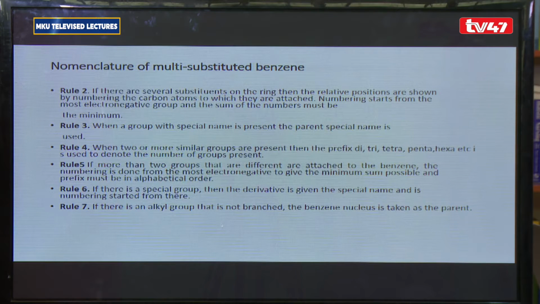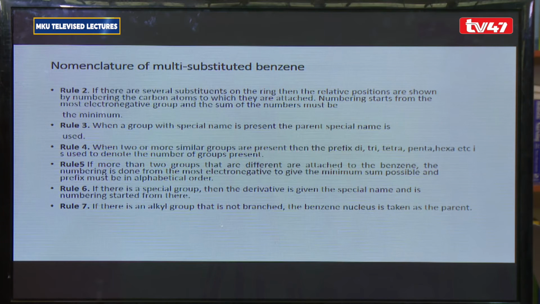So rule number 2: if there are several substitutions, that is, when we have more than one substitution, then the relative positions are shown. So if, for example, you have 2, then you have to give the relative position. But the relative positions are in relevance to one of the substituents. That substituent which we use as position 1 is what we call a preferred substituent.